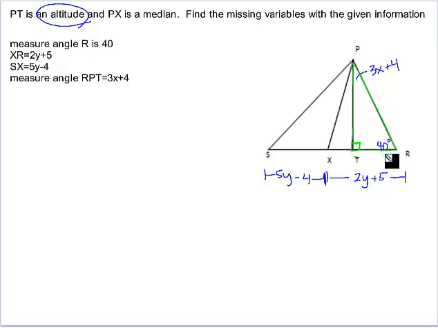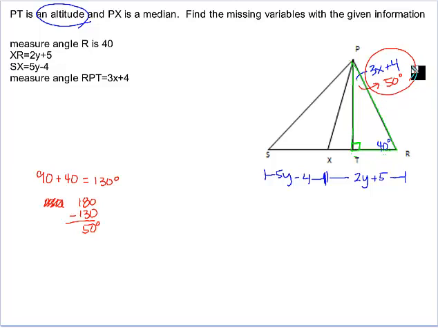We know for sure two of them, so we can figure out what the missing one should be. So here we know 90 plus 40 is 130 degrees. The three angles should add to be 180. So 180 minus 130 is 50 degrees. So that tells us that our missing angle up here should be 50 degrees.